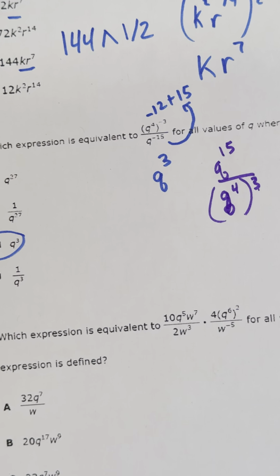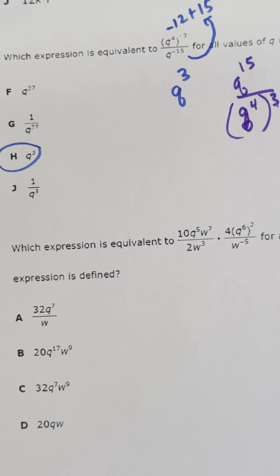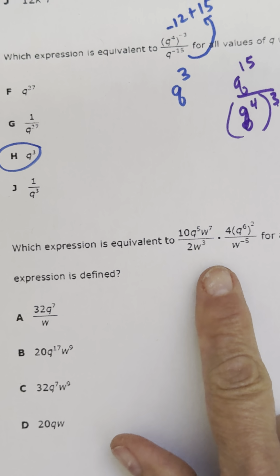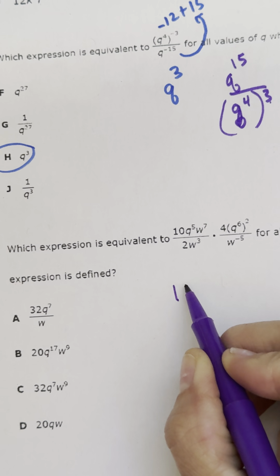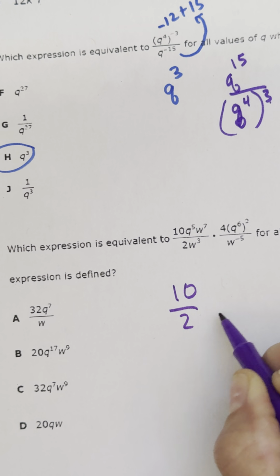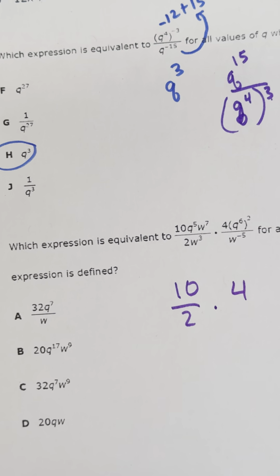Okay, 30. And we are multiplying. That's multiplication. So what I recommend is do the numbers first. So 10 over 2 times 4.